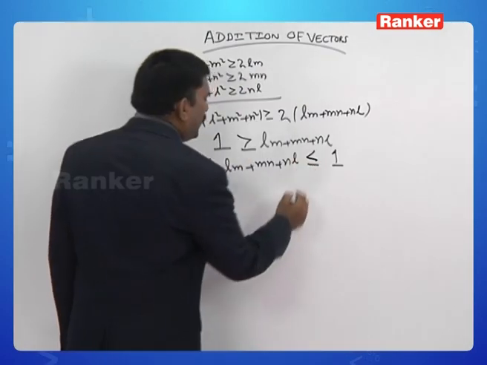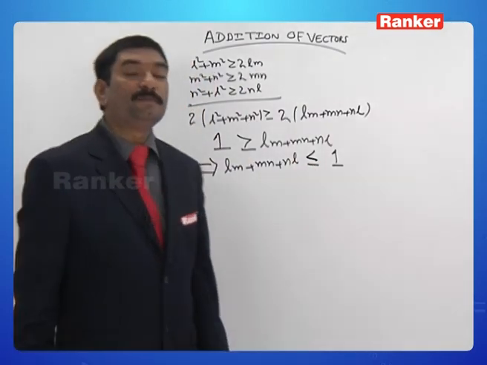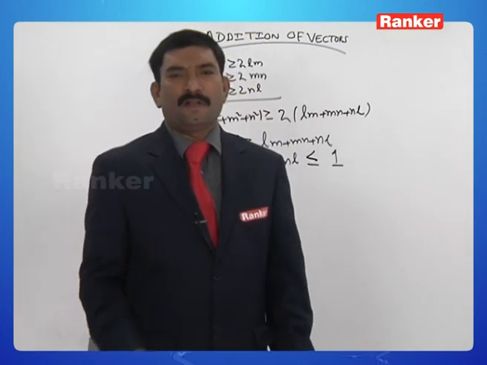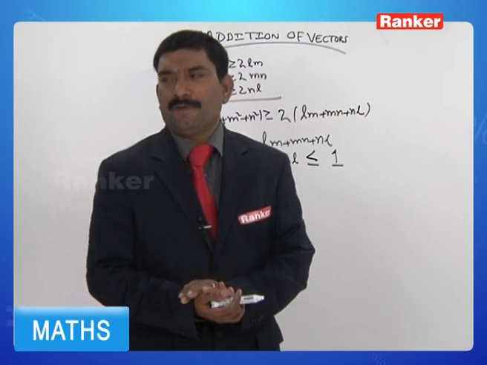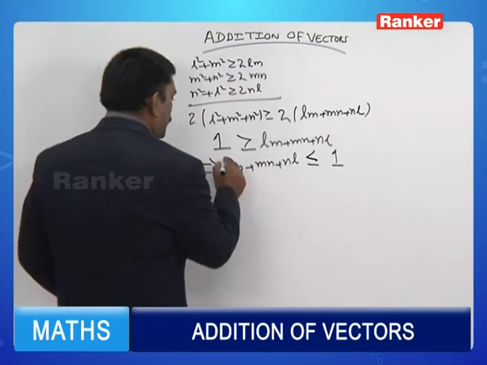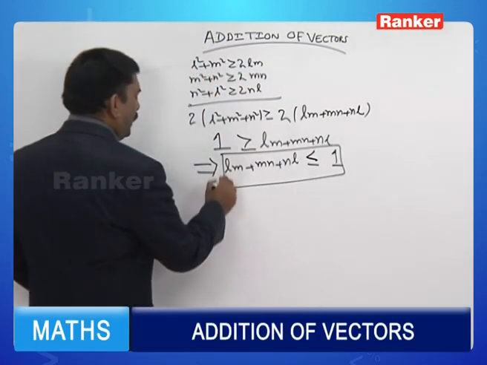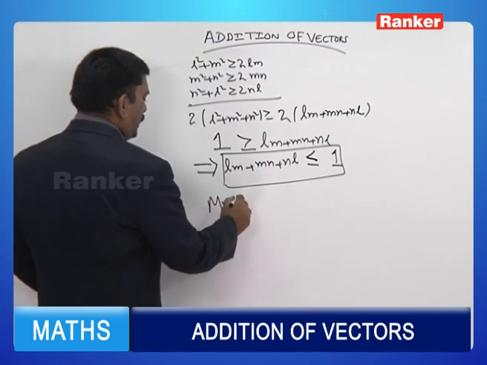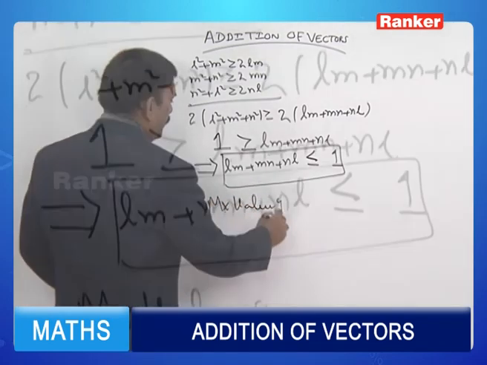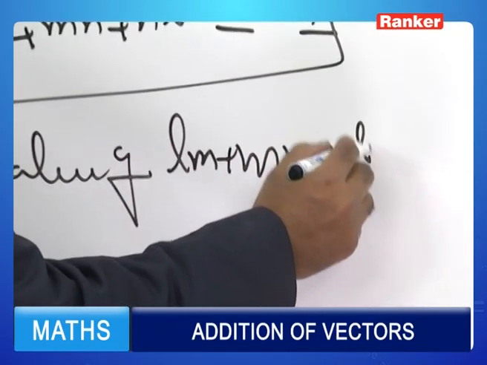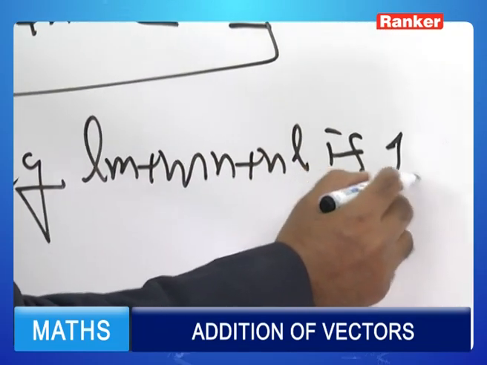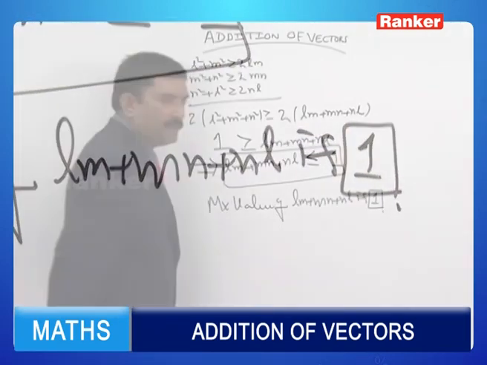So less than indicates what? Maximum. Greater than indicates what? Minimum. So now I can write hereafter the maximum value. Maximum value of LM plus MN plus NL is what? 1. Yes?